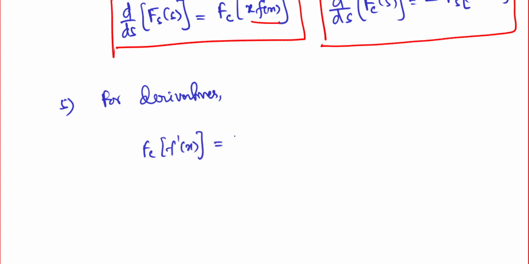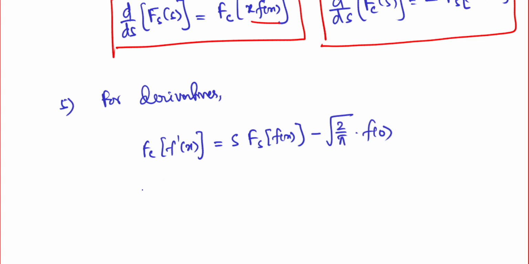The notations are already known to you. That is s into the Fourier sine transform of f of x, minus square root of 2 by pi times f of 0.